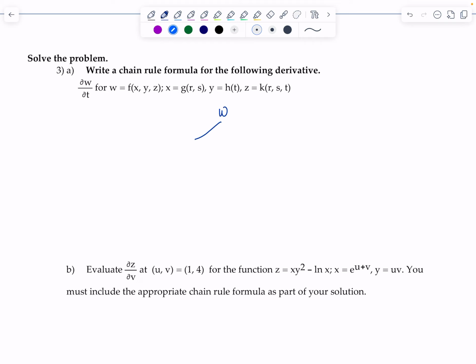So W is a function of x, y, and z. X is a function of r and s. Y is just a function of t, and z is a function of r, s, t. And we want del W, del t.